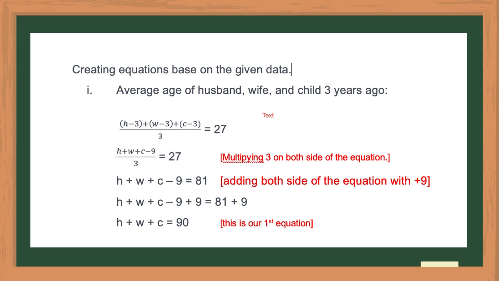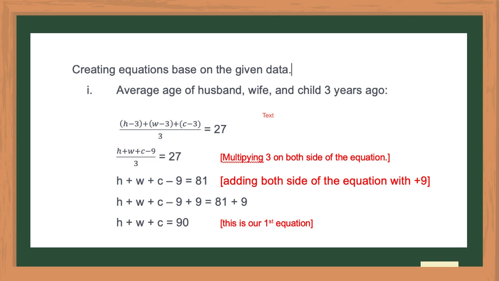Based on the tricks we had a while ago, we will divide this by 3 since there are 3 persons, the husband, wife, and child. And the average age will be equal to 27. So this becomes h plus w plus c minus 9, all divided by 3, equal to 27.